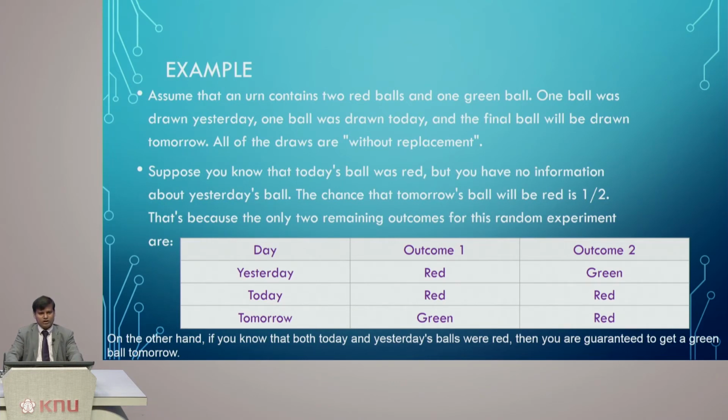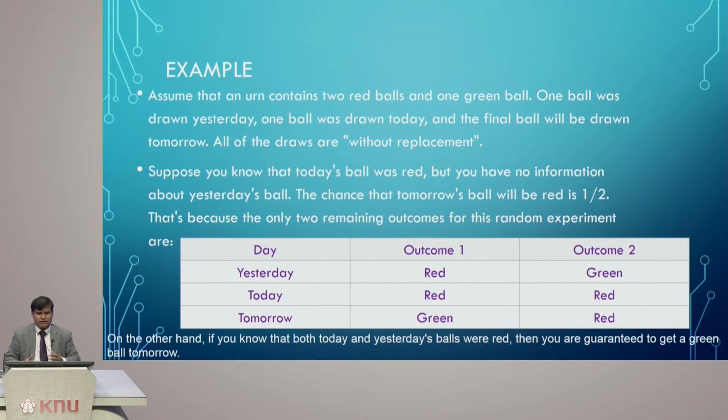Before we move on, I want to give you a simple example. Let's assume that an urn contains 2 red balls and 1 green ball. One ball was drawn yesterday, one ball is drawn today, and the final ball will be drawn tomorrow, all without replacement.